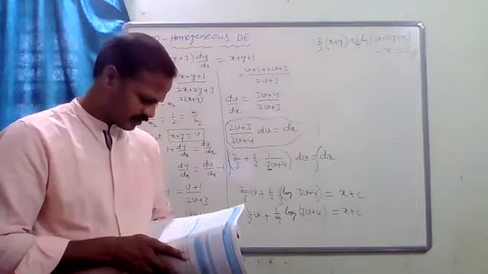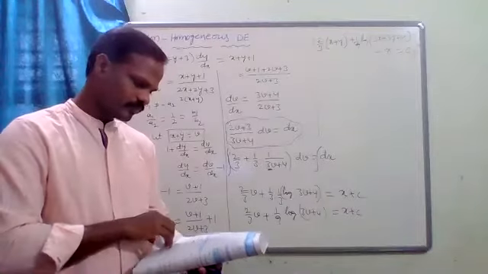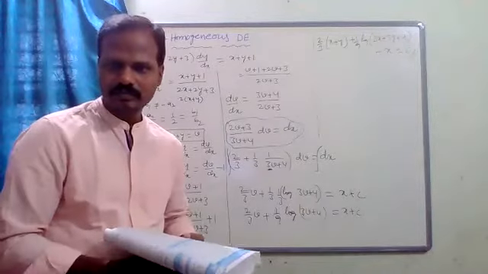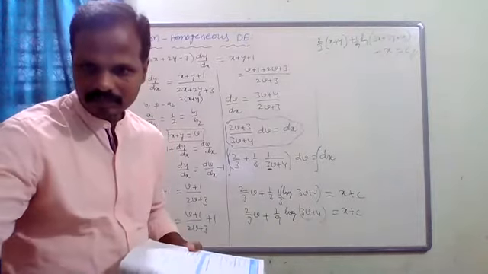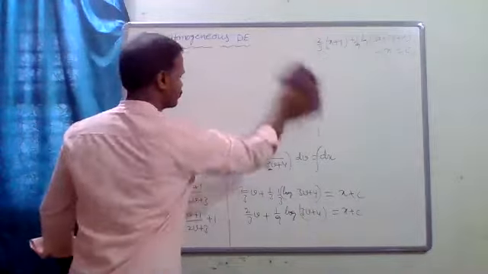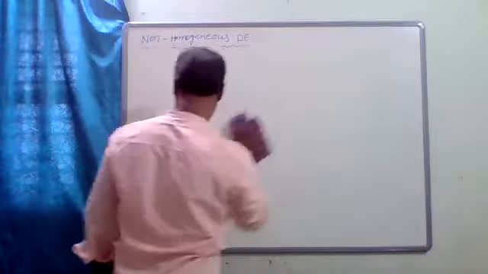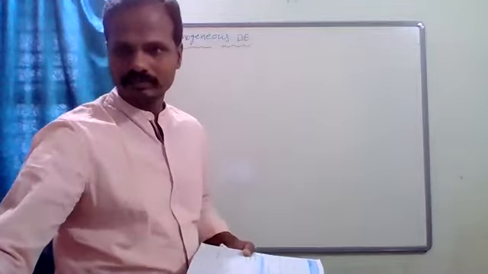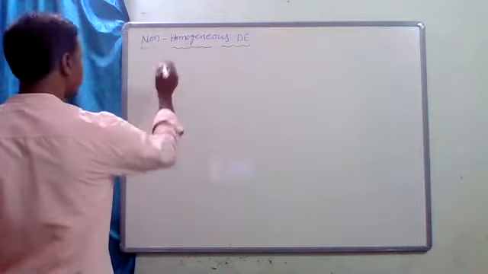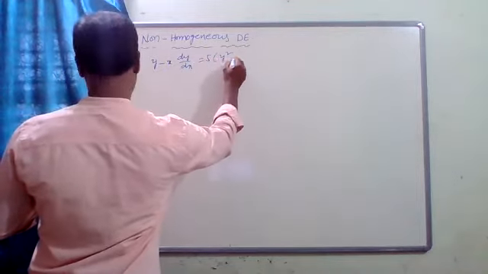Seventh problem: y minus x dy by dx equal to 5 into y square plus dy by dx.